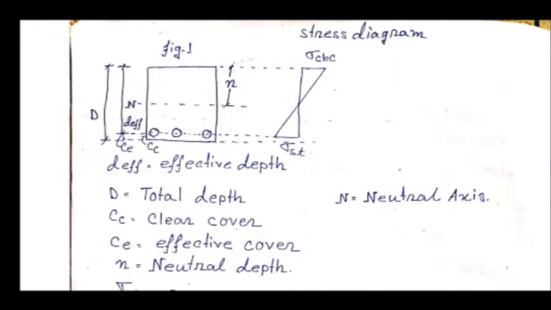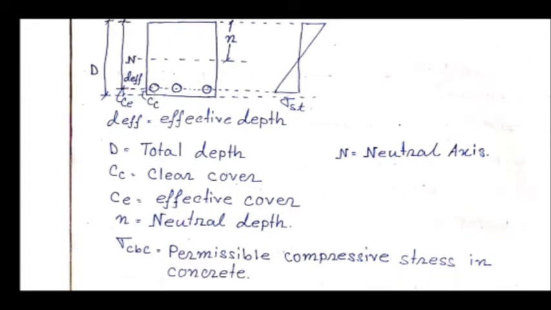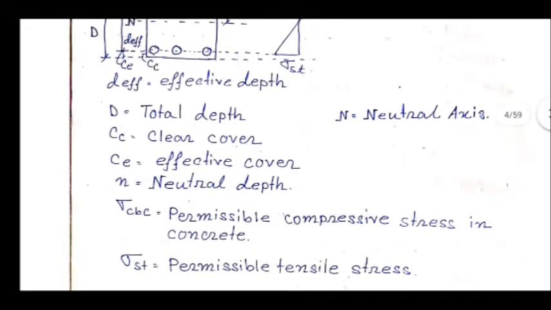Now in the stress diagram you can see in the upper portion one abbreviation written, that is sigma CBC, and in the lower portion up to the effective cover, that is sigma ST. Sigma CBC means permissible compressive stress in concrete and sigma ST means permissible tensile stress in steel in the working stress method.